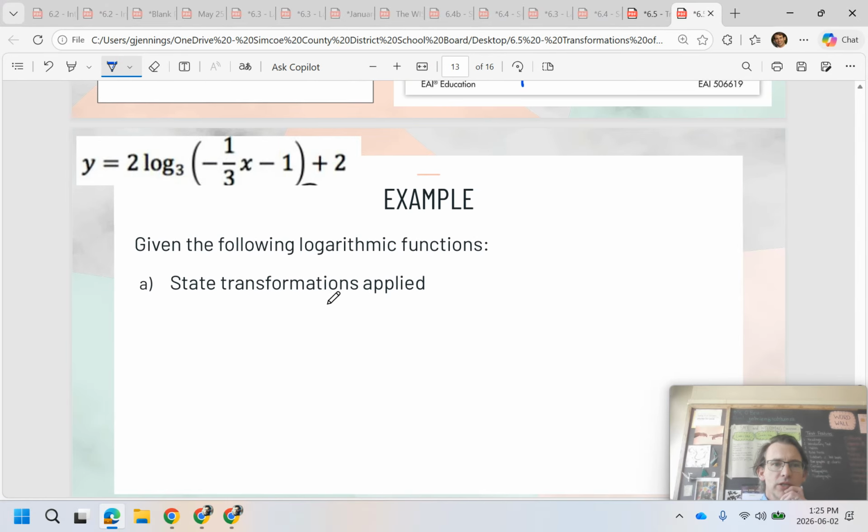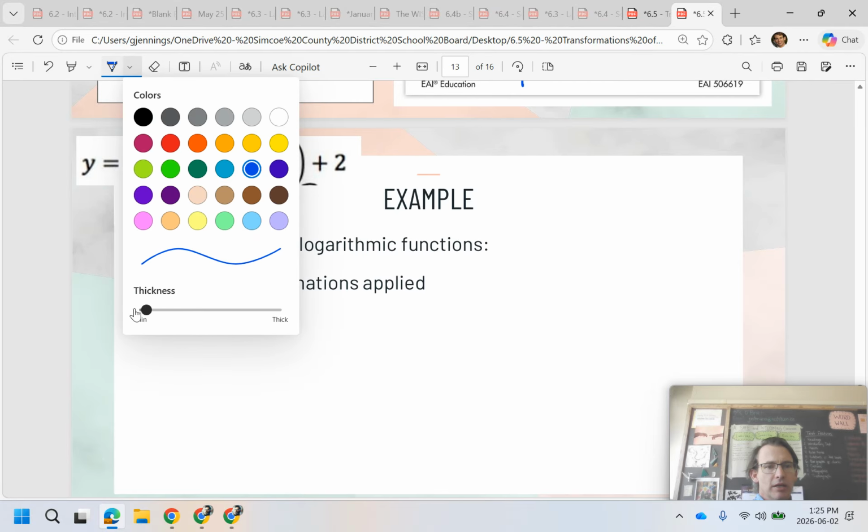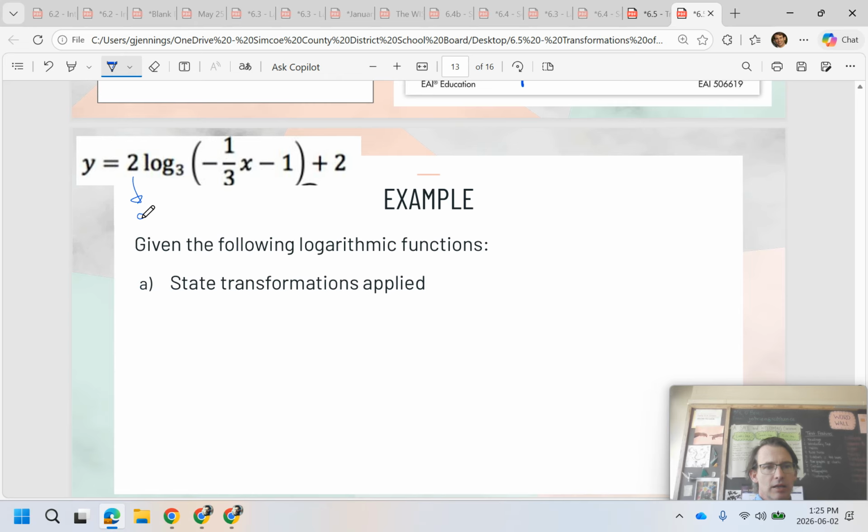All right, so this one here, we got a lot more transformations to think about. So what are they? So vertical stretch by a factor of 2. What about this -1/3 here? By a factor of what? Sure.